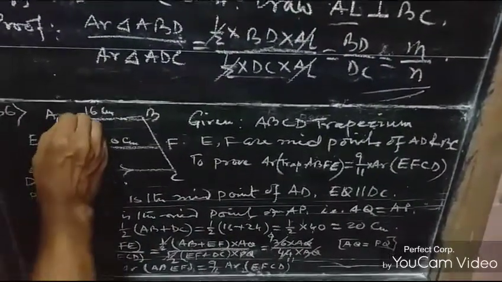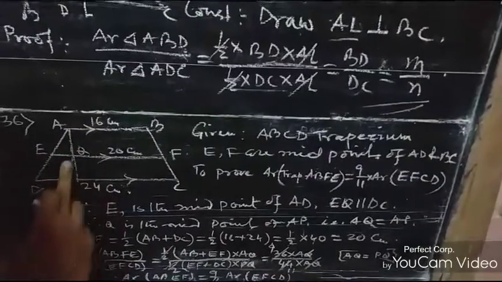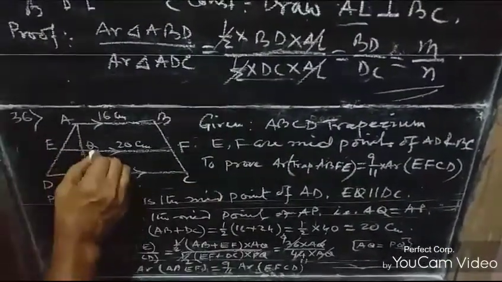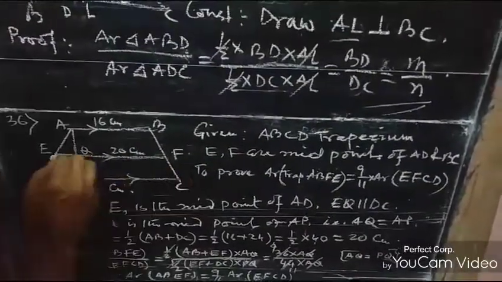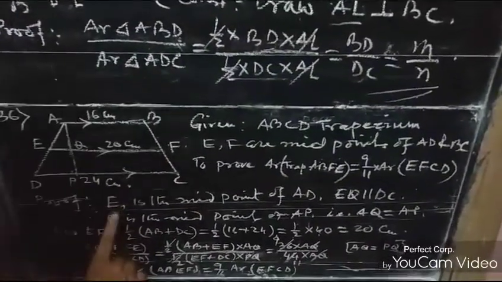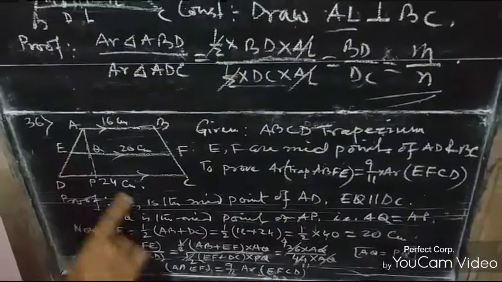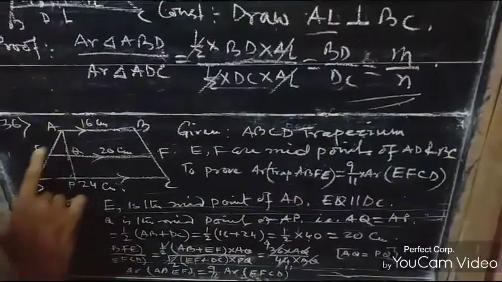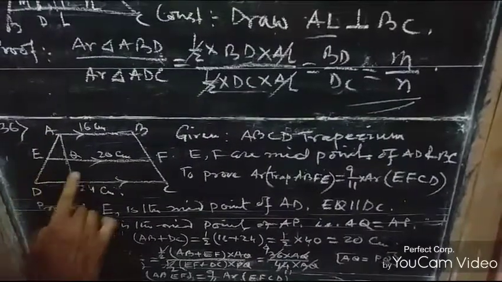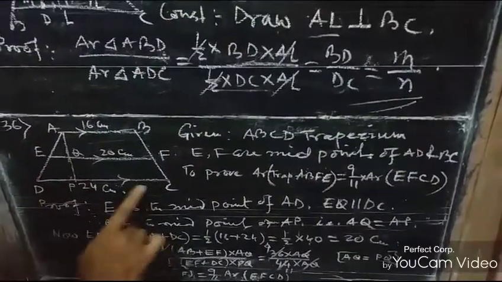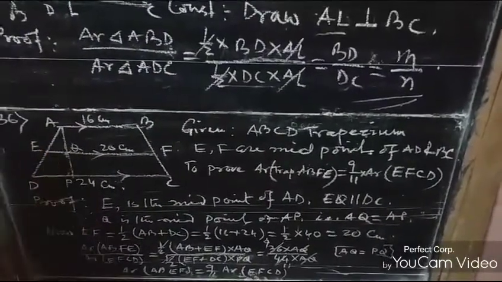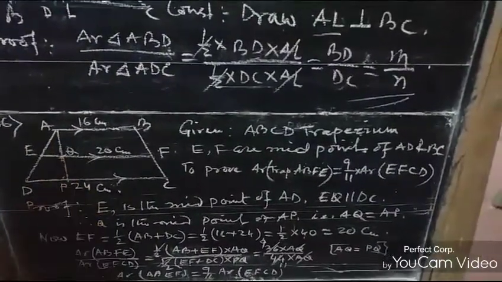See, E is the midpoint. We draw one perpendicular from the vertex A on DC, which meets EF at Q. Now E is the midpoint of AD, and EQ is parallel to DC. So Q will be the midpoint of AP. That is AQ equal to QP.